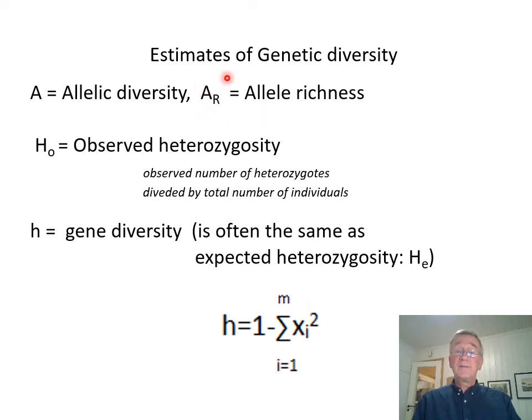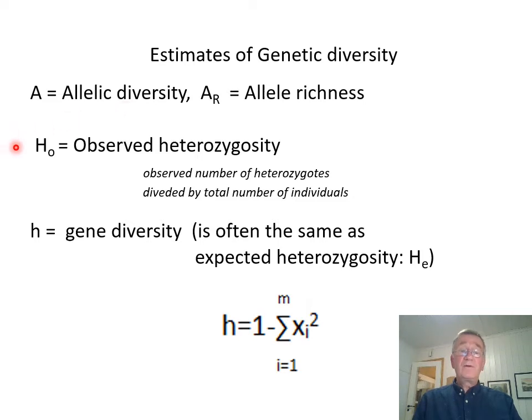Then you can use a method called allelic richness, and we will not go into the details, but you can look at it in the book. There we can compensate for the population with a lower sample size, so it's better to compare. But what they have in common is that they are sample size dependent.